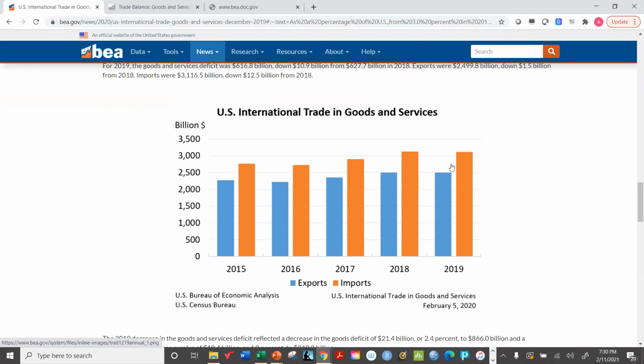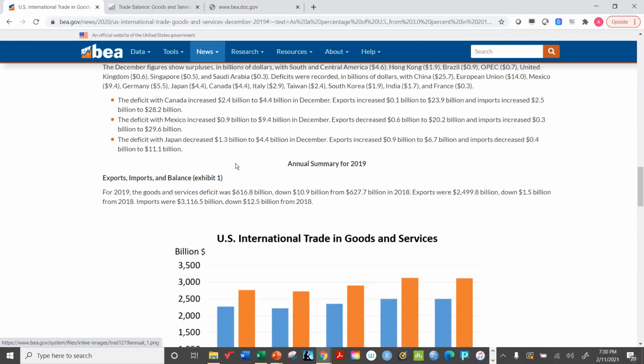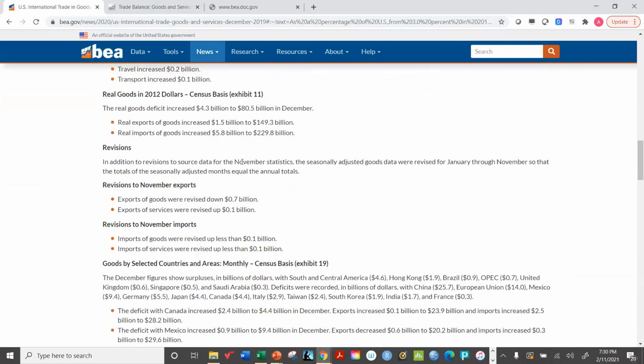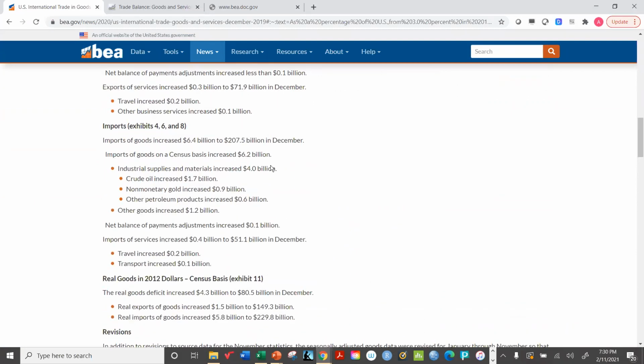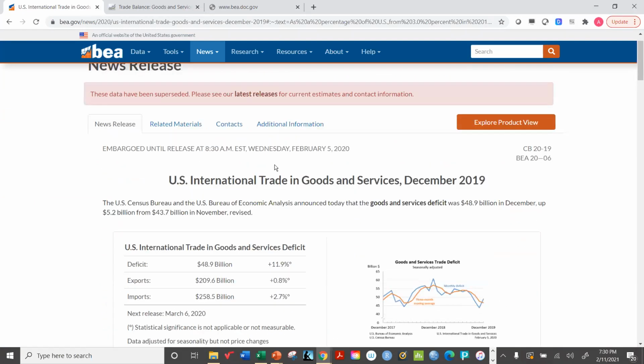Now here it looks like they're really close to each other, but the reality is that the gap between the two is about $500 billion. And this is pretty much what we've been experiencing for the last so many years, all the way back to, sorry, 1991. So this is just a brief summary.